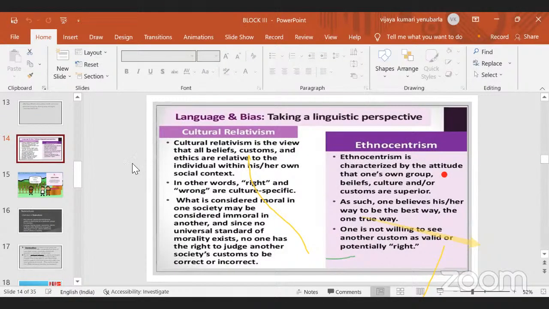Cultural relativism is a view that all beliefs, customs, and ethics are relative to the individual within his or her own social context. For example, you take Bengalis. The people who are vegetarians in Bengal eat fish.